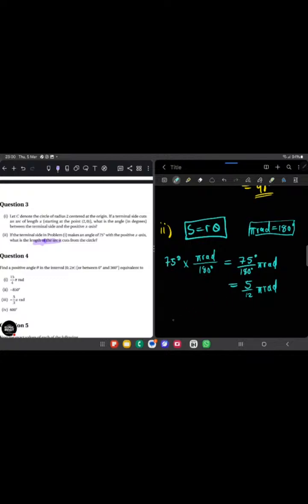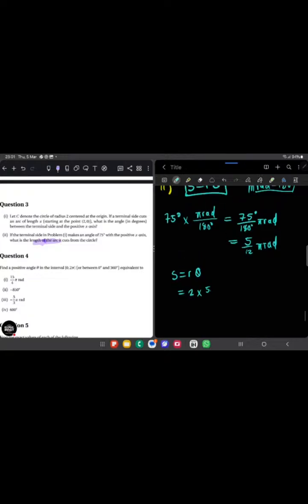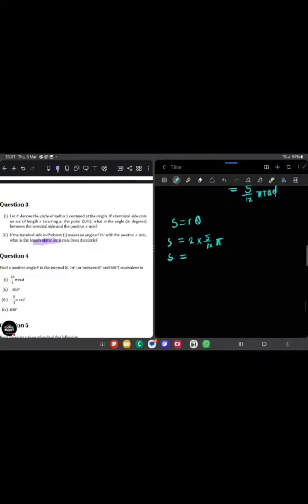So now we're just going to say S is equal to R theta, which is going to be equal to, what is the R? 2 times, because they said it's the same as the previous question, times 5 over 12 pi. I don't have to put the word rad. So what am I going to get now? 10 over 12 times pi. You can say 2 times 5 times pi, I get an answer.